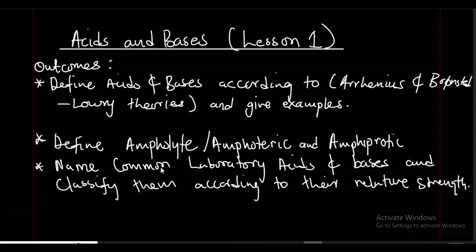And then after we have our list of common acids and bases, we will classify them according to their strength. Okay, we'll also define what is a strong acid, what is a weak acid, strong base or weak base. Okay guys, so now let's continue.